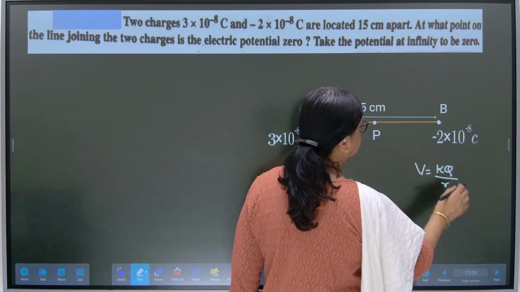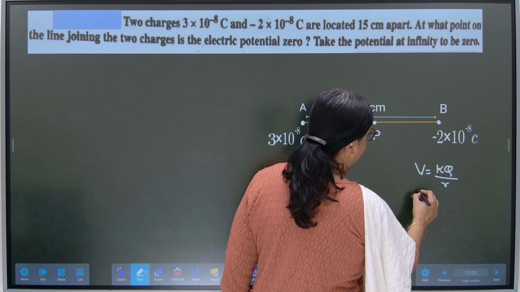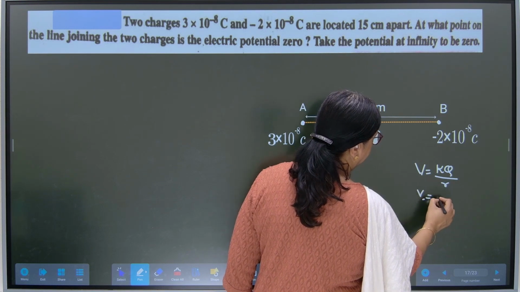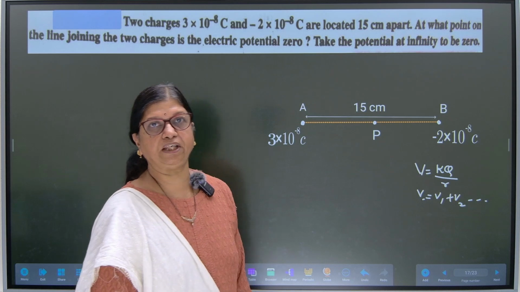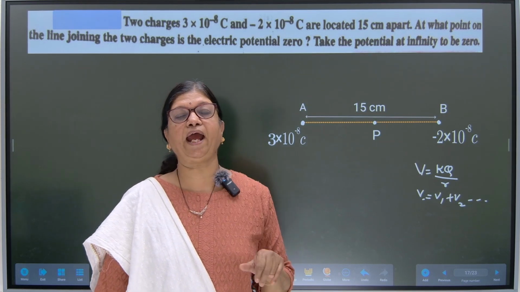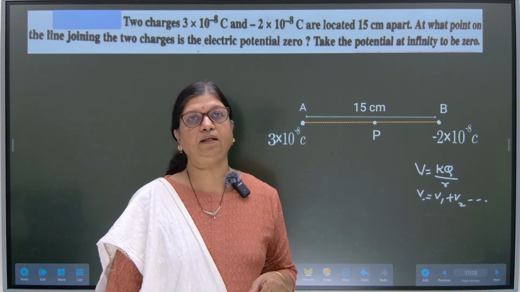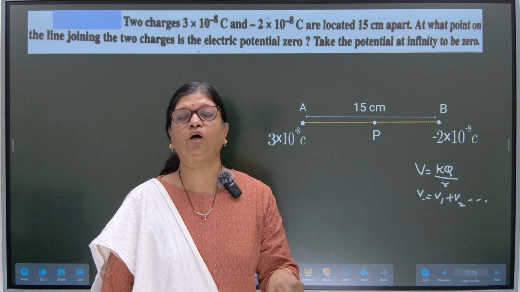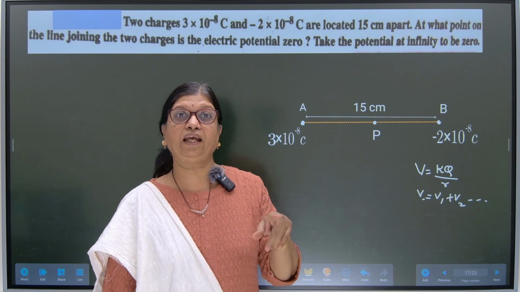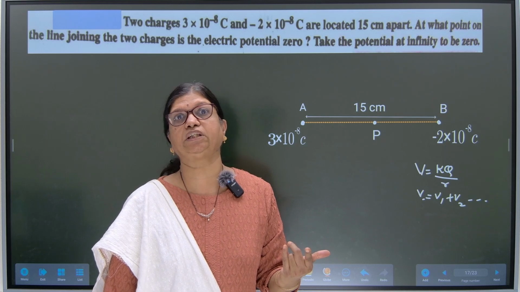If there are many charges, then I add the respective potentials of each charge. How do I add them? Algebraically. While adding them algebraically, do I consider any direction of the charge?